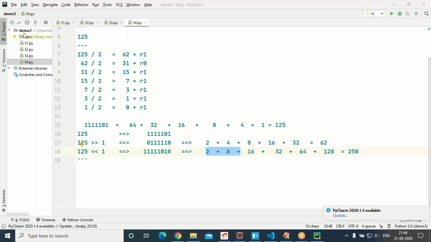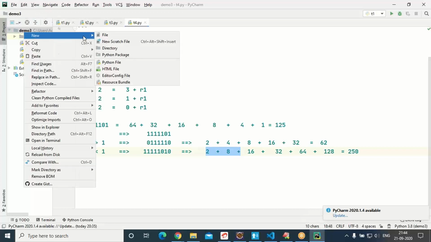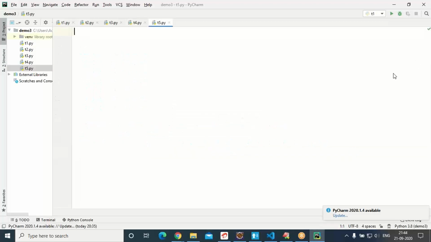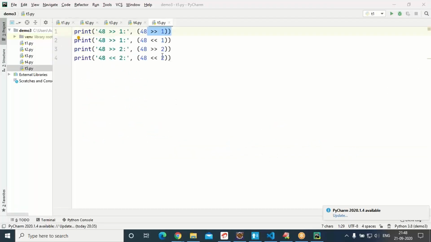Come to the next one. Right shift by 1, left shift by 1, right shift by 2, left shift by 2.